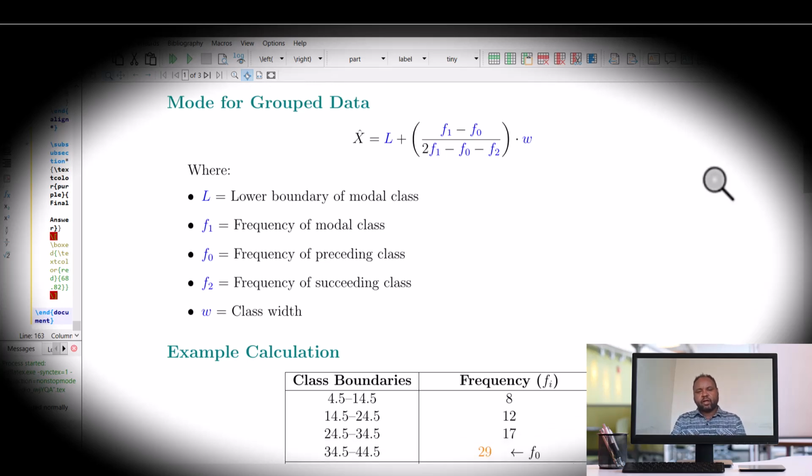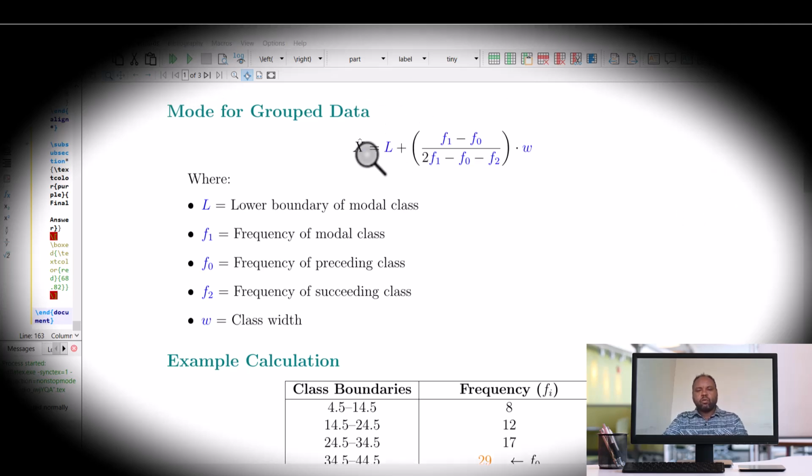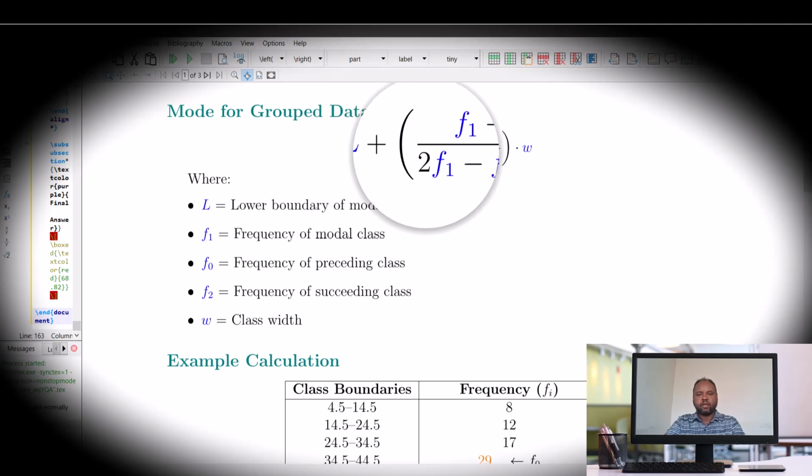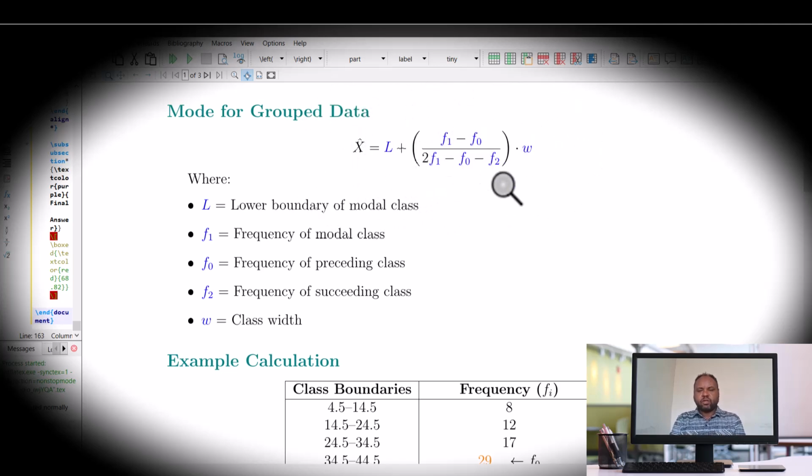If we have data represented in tabular form, how can we compute mode from such group data is the question here. So mode is computed using this formula. This formula consists of 3 main terms: the lower class boundary of the modal class, the frequencies, namely the frequency of the modal class, the frequency of the class preceding the modal class, and the frequency of the class succeeding the modal class, along with the class width, right?